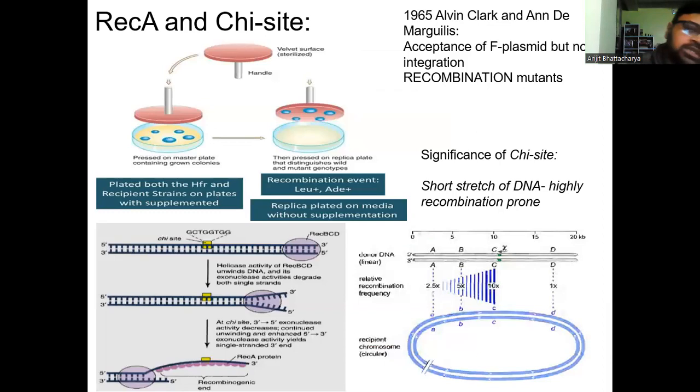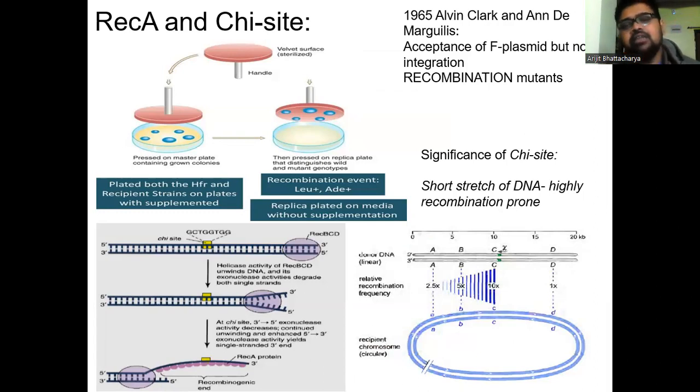Now the question is how these components were actually identified. For that, we have to understand some experiments.